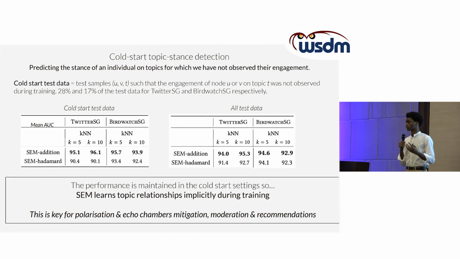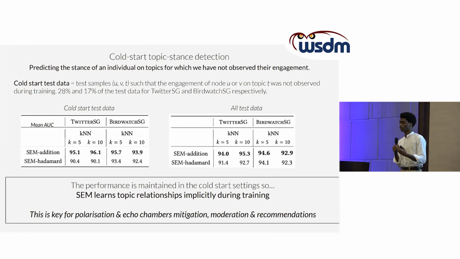And this is basically the most challenging data we can have among the test data. And when we look at the performance of the model on this subset of the data, and when we look at all the test data, actually there is no drop in performance between the two settings. So it means that SEM is actually able to predict as well on the challenging data and the cold start problems as on any other.